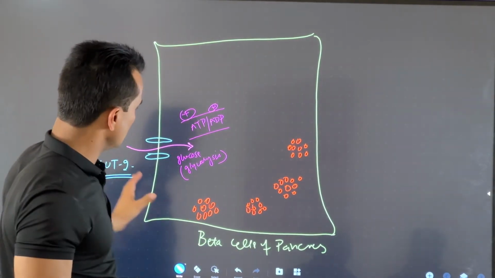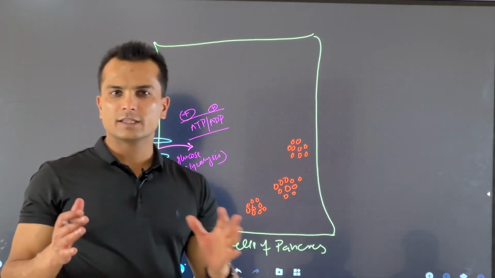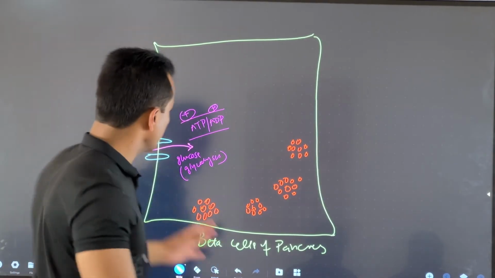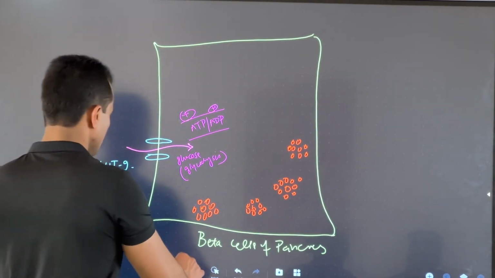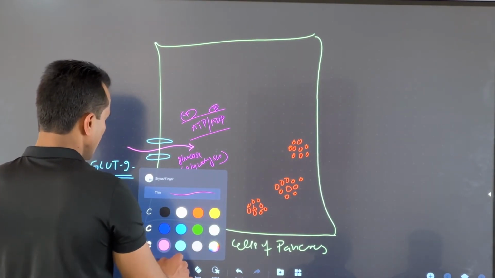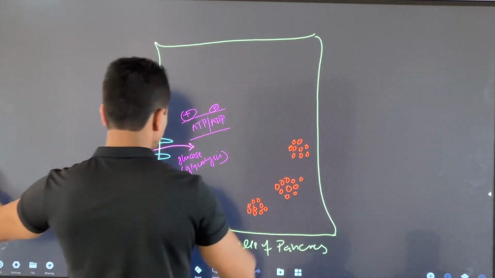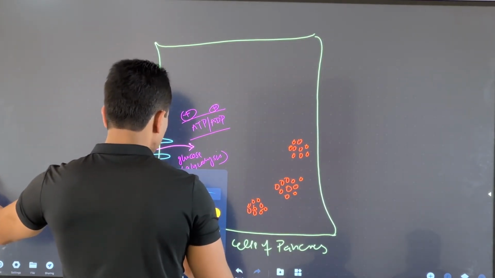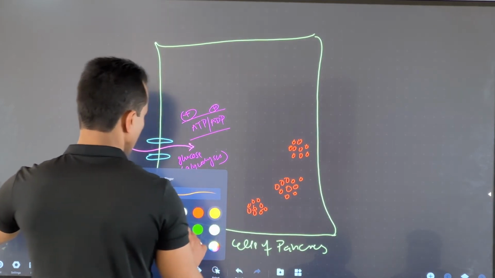So glucose enters the pancreatic beta cell, then glycolysis occurs, and it leads to an increase of ATP inside the cell, and then on the other side of the cell, ATP sensitive potassium channels will get closed.